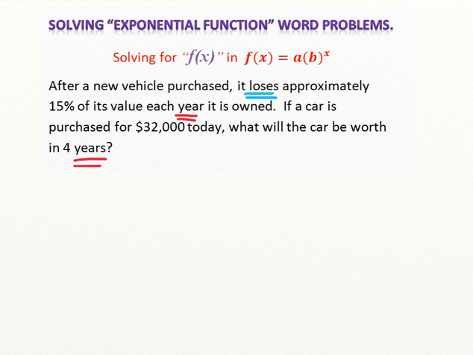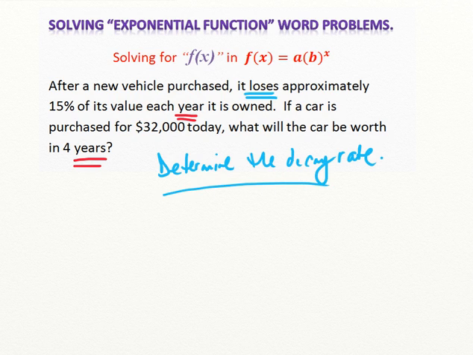The only real piece of work we have to do is determine the decay rate. How do we get the decay rate? We take 100% and subtract the amount that it loses, which is 15%, and that gives me 85%.